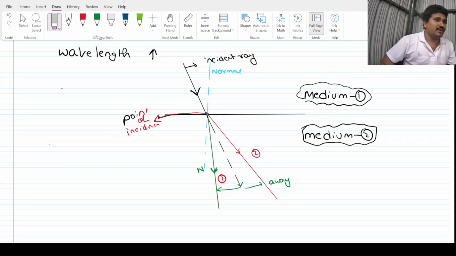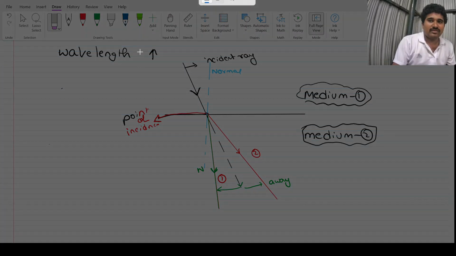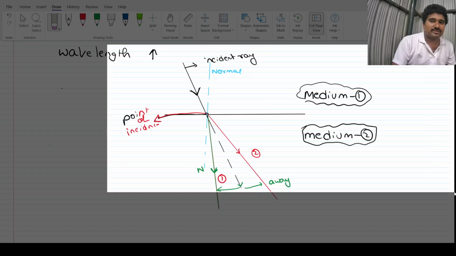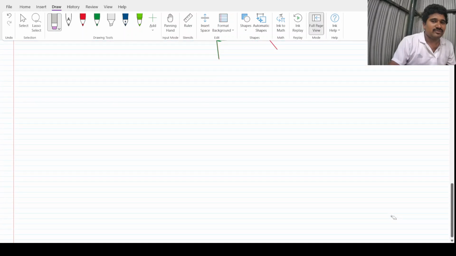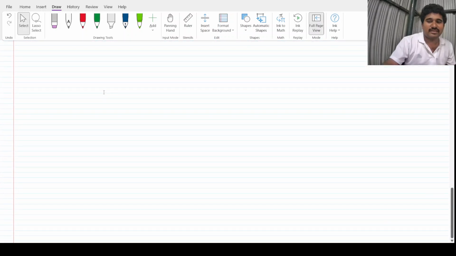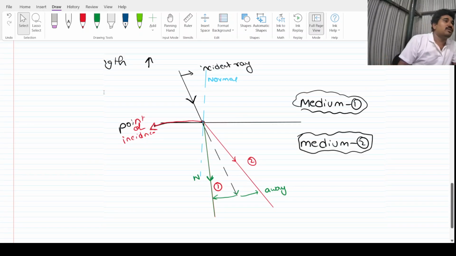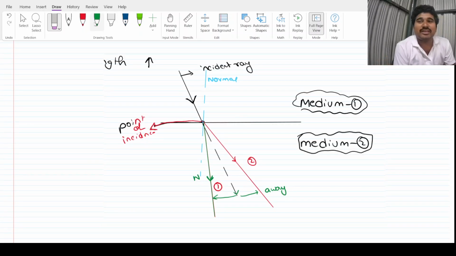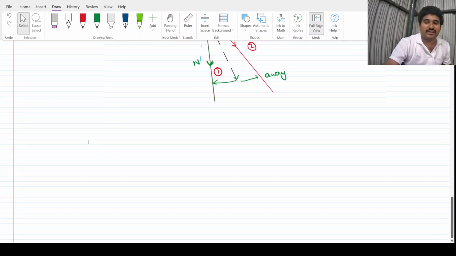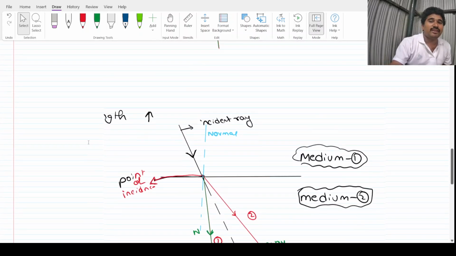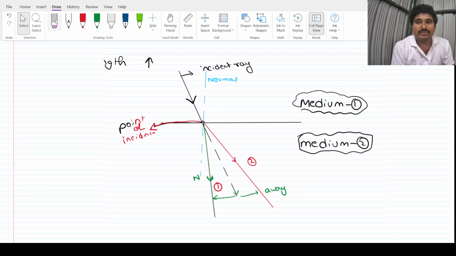Leave this as it is. Then I am drawing one more time for your sake. I have drawn it. So now what I am doing is, I am taking medium 1 as rarer. What is medium 1? What medium am I taking as medium 1?